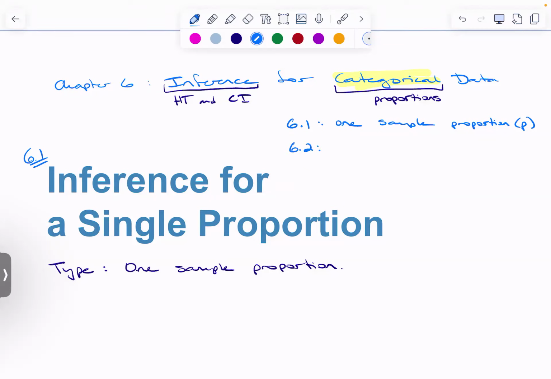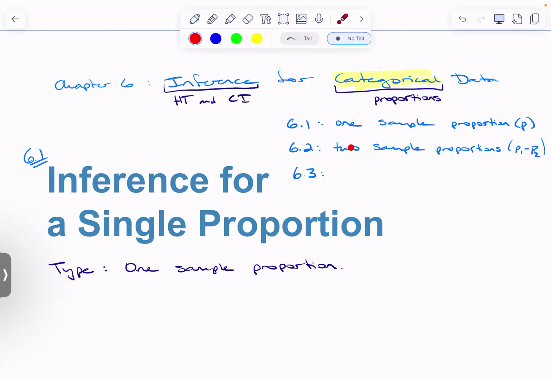In 6.2, we move up to two sample proportions, p1 minus p2, right? How do they compare? Now I have two proportions and I want to compare the two. 6.3, right?